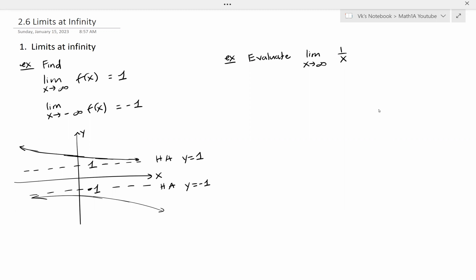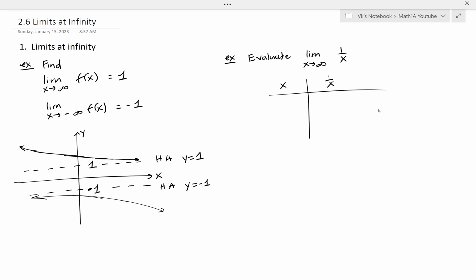Evaluate the limit as x approaches infinity of 1 over x is another example. To do this, we can use a table. x, 1 over x. Let x get bigger.